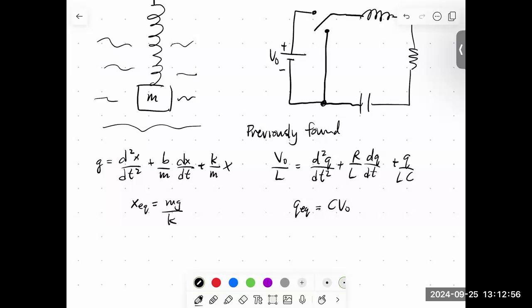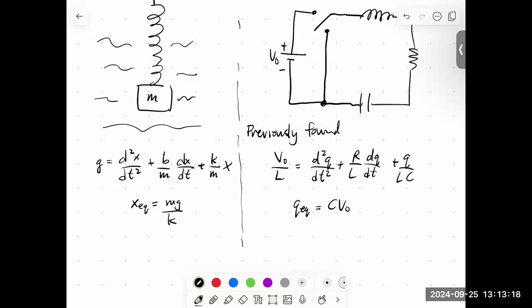The reason we did this analogy was because I wanted to try to convince you that even though these are complicated differential equations that we didn't solve and we're not going to solve because you'll do them next term, we already knew what to expect from the behavior of the system.